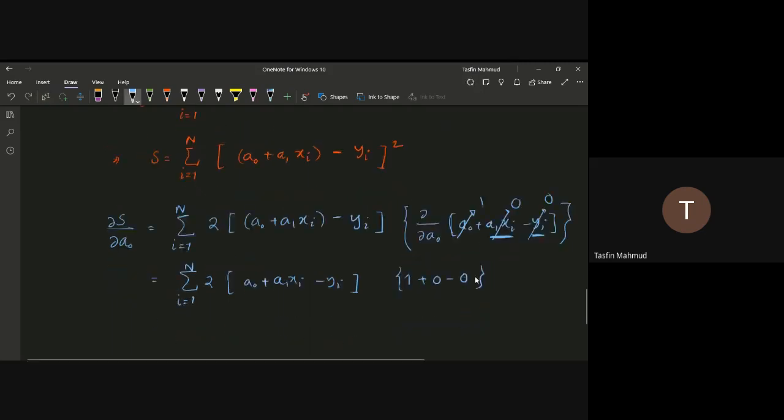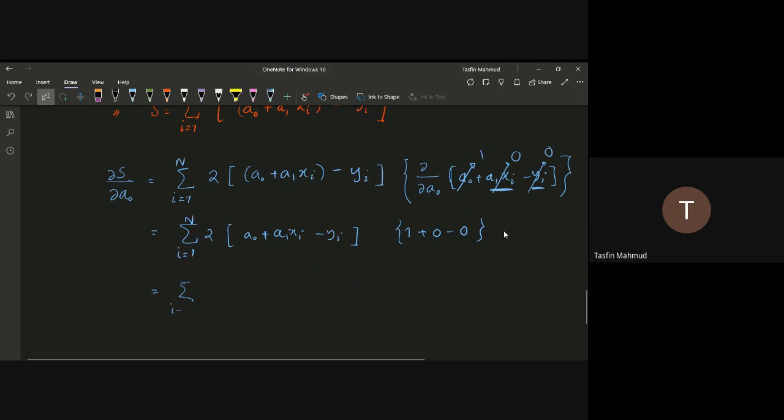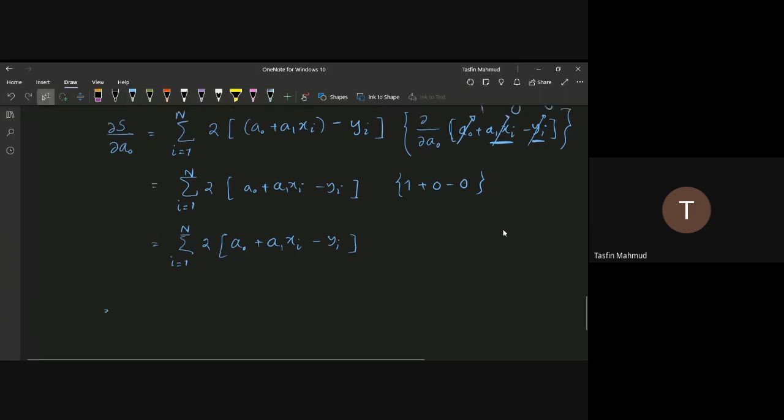So our final expression becomes the summation of i equals 1 to n, and we have 2, and this remains as it is, a naught plus a1 xi minus yi, and we are going to equate this with 0, right? So we are going to equate del S by del a naught with 0.